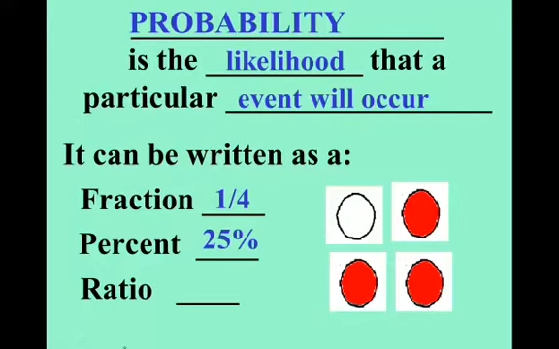Out of the 4, 1 is white and 3 are red, so there's 1 white one for every 3 red ones. When we do Punnett squares and look at probabilities, we're going to use all 3 of those ways of expressing probability.